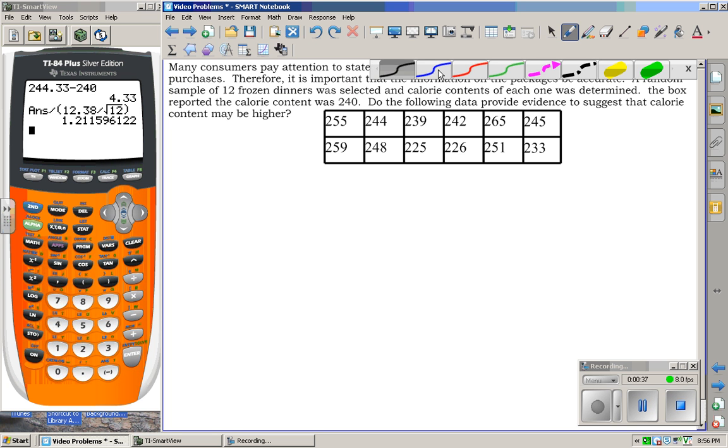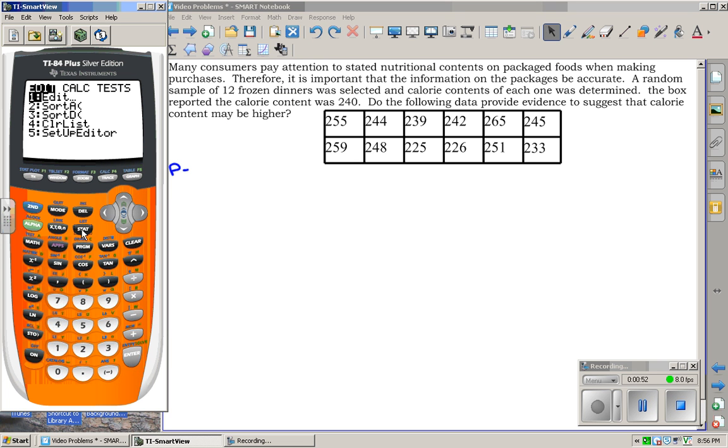So this is a hypothesis test problem. So we're going to start off by doing PHANTOM. So first, P, we're going to set up the different parameters. The first thing that I would do is I would go over here to the side, and in my stat menu, stat, edit, you can see I already put all the data into the list. So then I would do stat, calculate, one variable statistics, list 1, and I'm going to get some information.